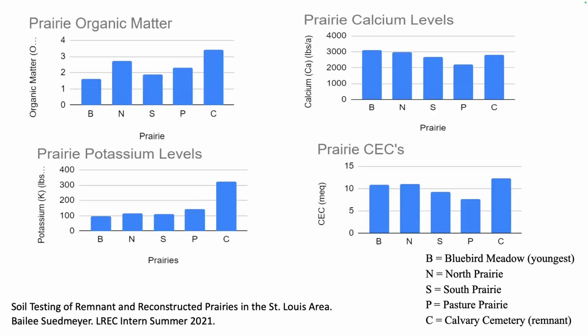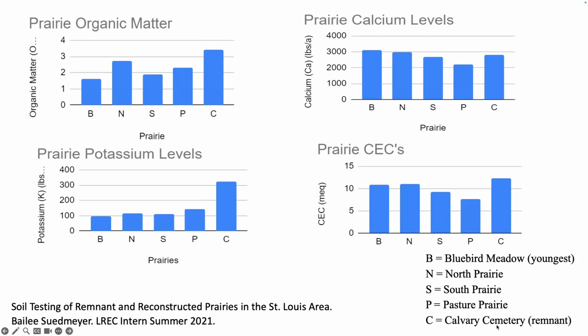One of the questions I had when I was working on this was, what does this compare to other prairies around the area, and that's what Bailey did. And she got some information from Bluebird Meadow, which was a young prairie just starting restoration, north, south, and pasture prairie, and then the Calvary Cemetery, which is considered a remnant.